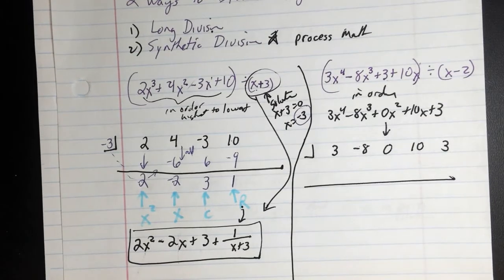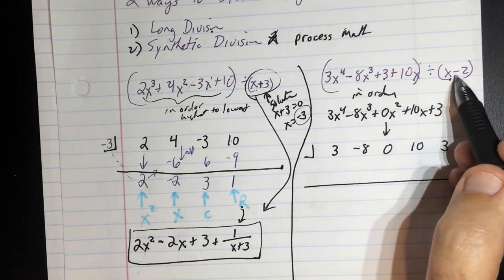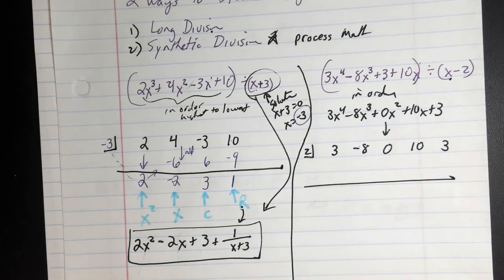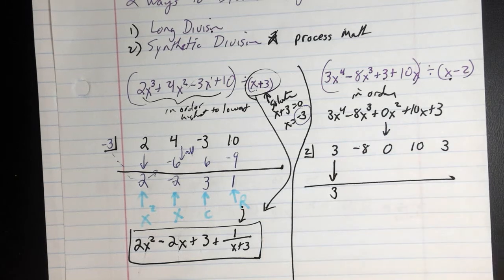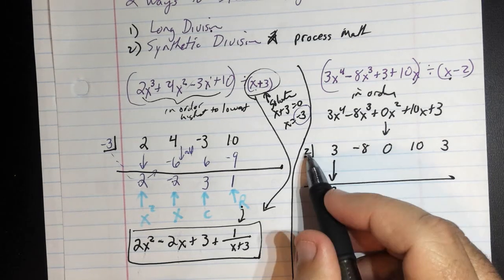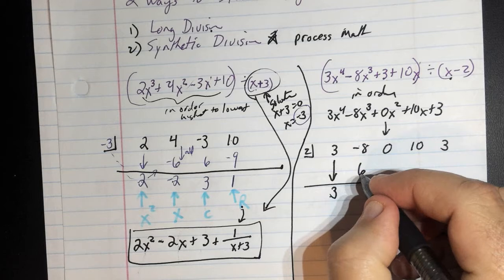Now what number makes this 0 here? It would be a 2, so we put a 2 there. 2 minus 2 is 0. We're going to follow the same rules. Bring down the front number. So 2 times 3 is 6.